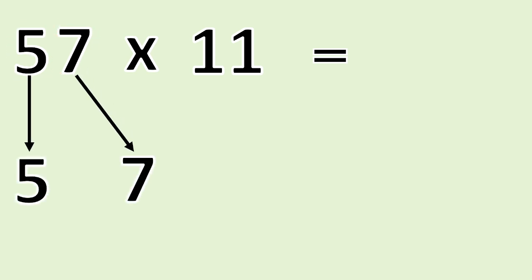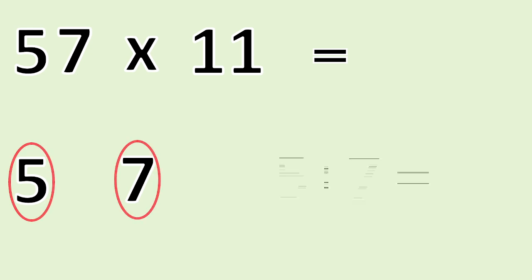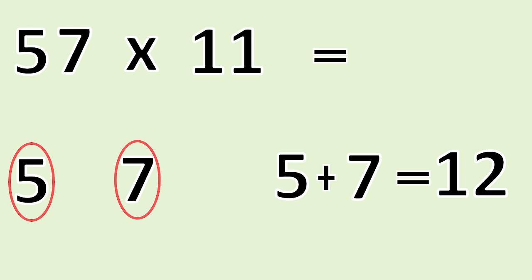Another example. 57 times 11. Split the digits 5 and 7. That gives you 5 and 7. Next, add 5 and 7. So 5 plus 7 equals 12.